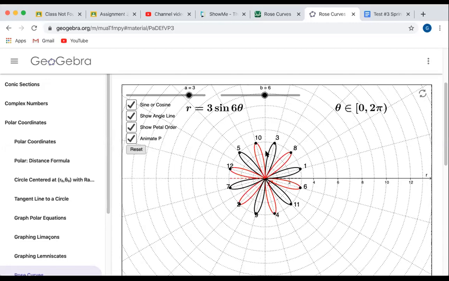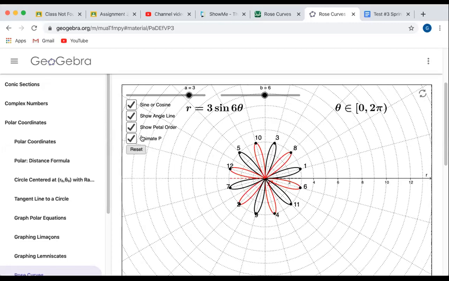So the first, third, fifth, seventh, ninth, and 11th are all going in the way we'd expect them to be. But the even number pedals, they're going like this: 2, 4, 6, 8, 10, 12. So they're both going sort of clockwise.